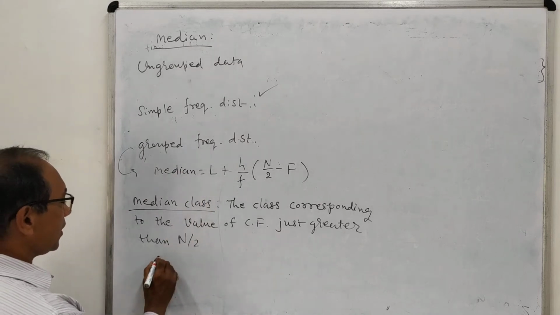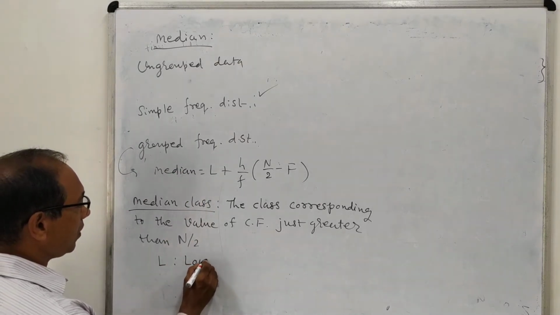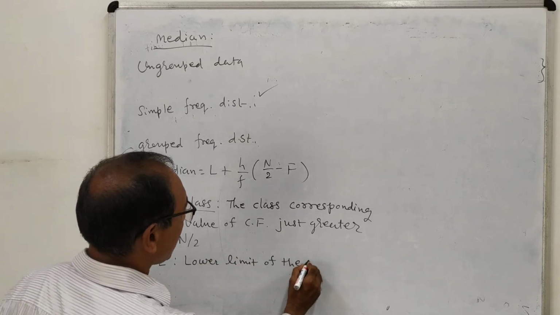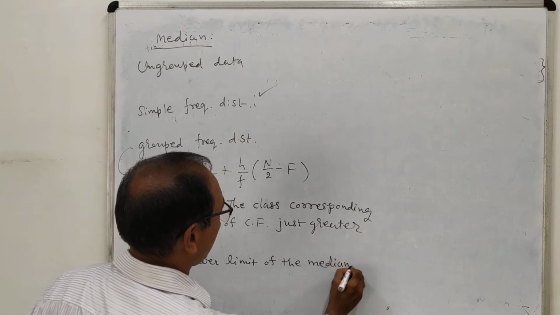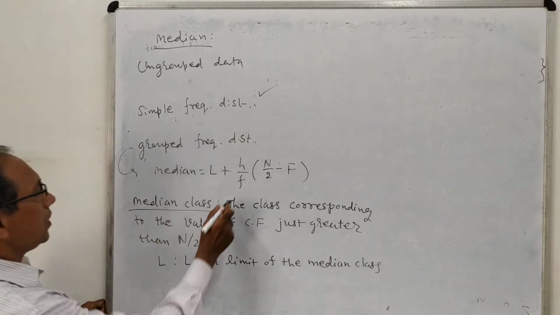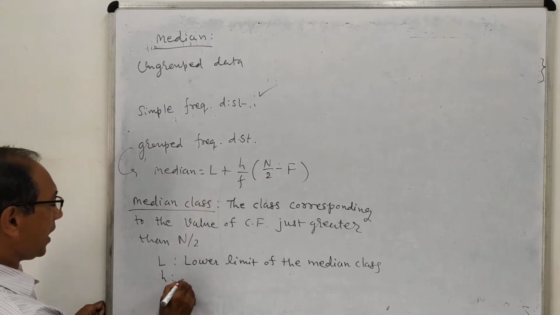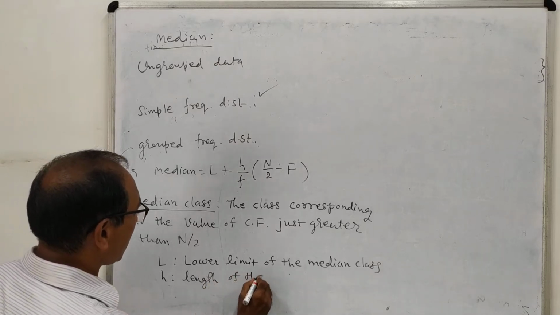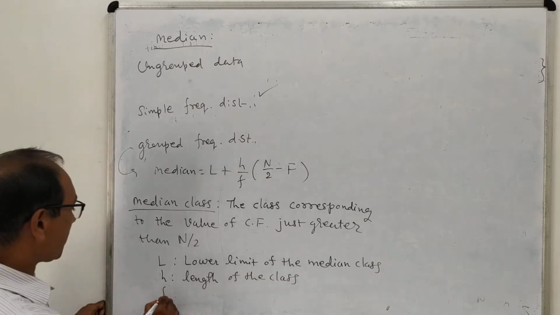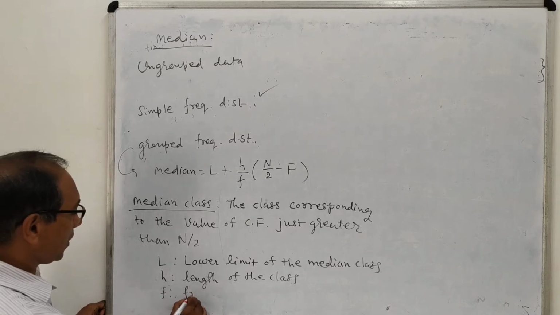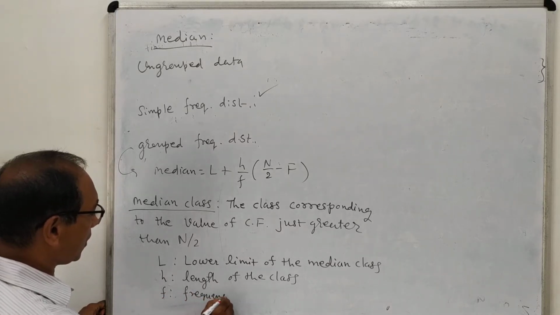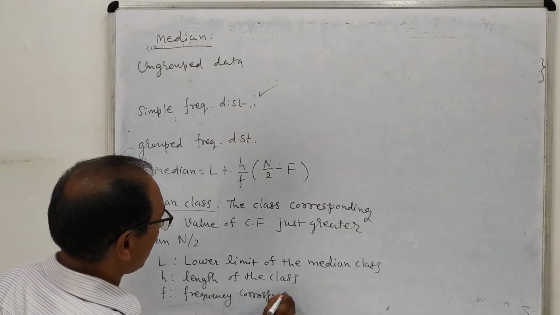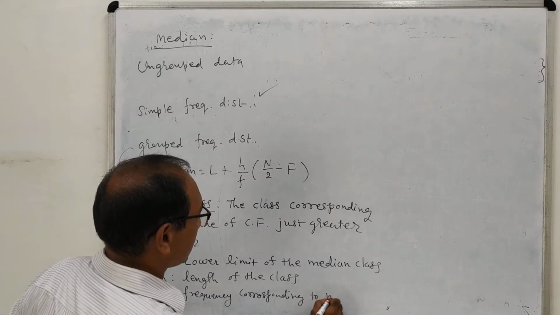Capital L is the lower limit of the median class. H is the length of the class, or the length of the interval. Small f is the frequency corresponding to the median class.